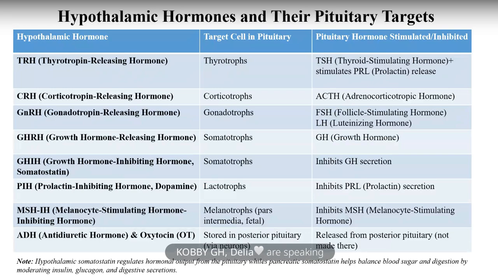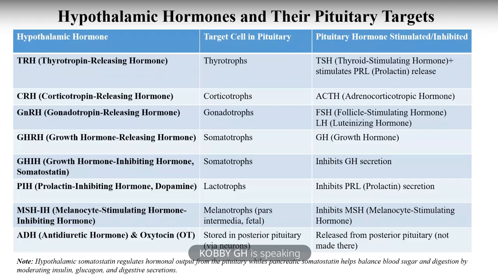So you meant that melanocyte stimulating inhibiting hormone stimulates the melanotrophs to either inhibit MSH or stimulate it. Melanocyte stimulating hormone is not just producing melanocytes; it is inhibiting and stimulating.